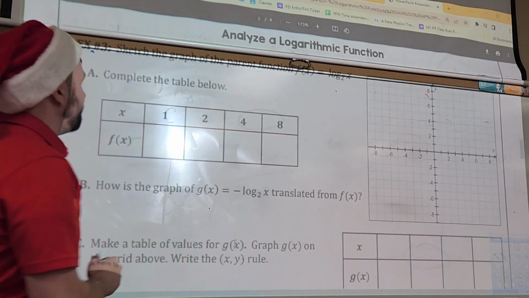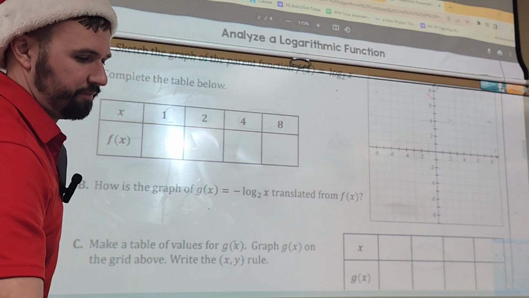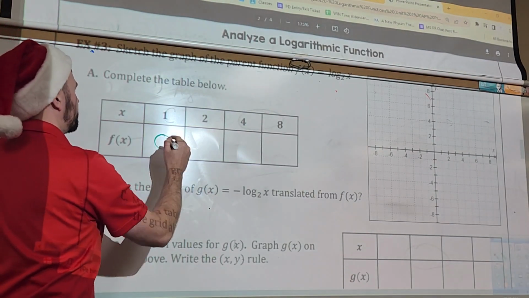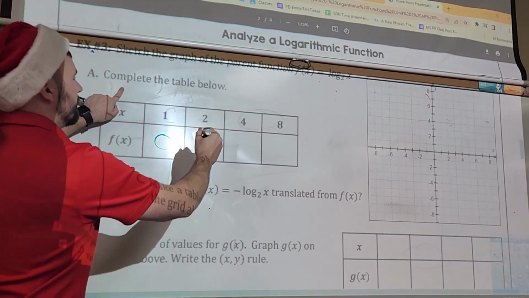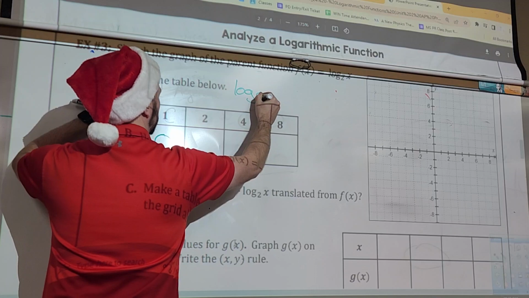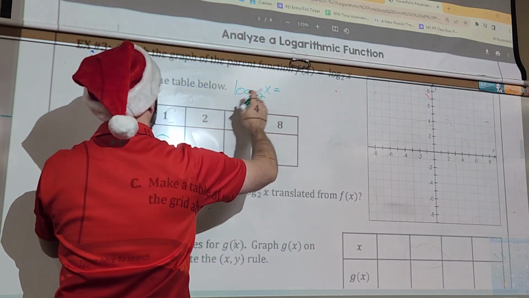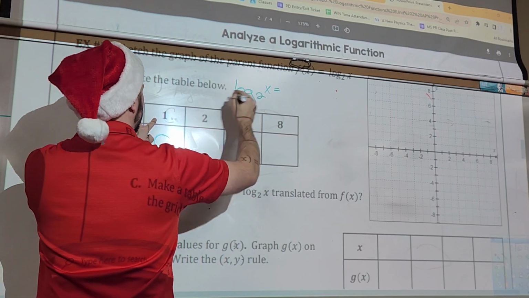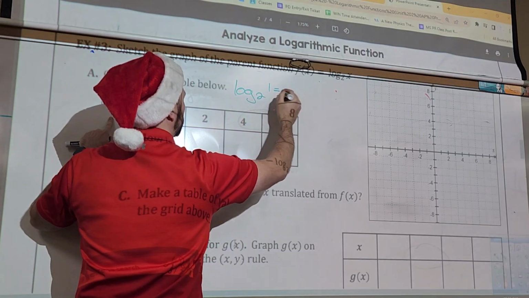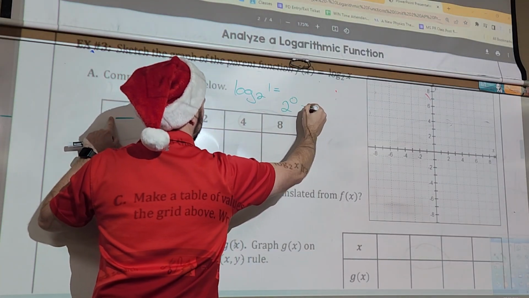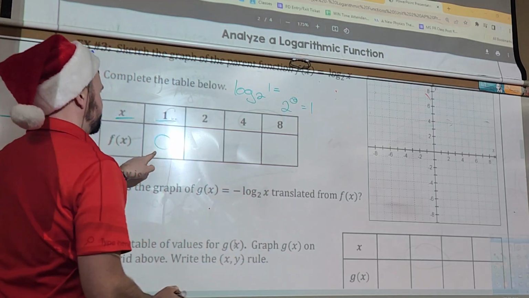All right. I'm going to go pretty quick on this one, okay? So we're doing log base 2 of x, right? If I plug in 1 for my x, 2 to what power equals 1? 0, right?